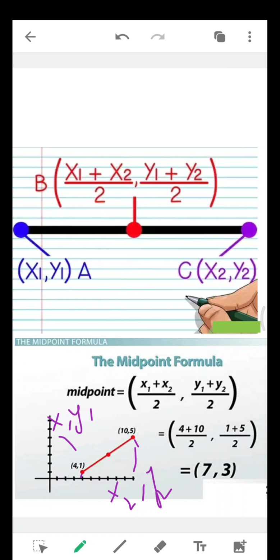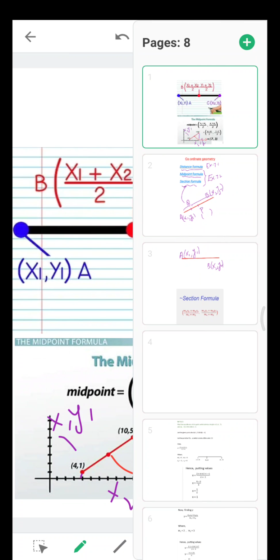When you substitute in the formula, 4 plus 10 by 2 and y1 plus y2 is 1 plus 5 by 2. 4 plus 10 is 14 by 2, that is 7, and 1 plus 5 is 6 by 2, that is 3. So the midpoint is 7 comma 3. This point is 7 comma 3 on the graph. You can find the midpoint of any line segment only when 2 vertices are given. So this is about midpoint formula.